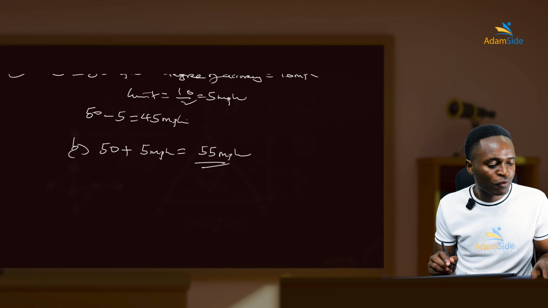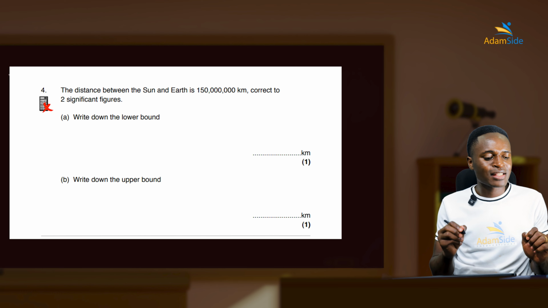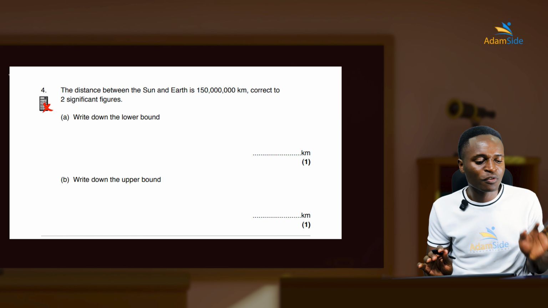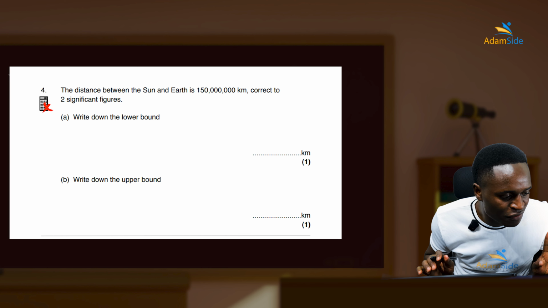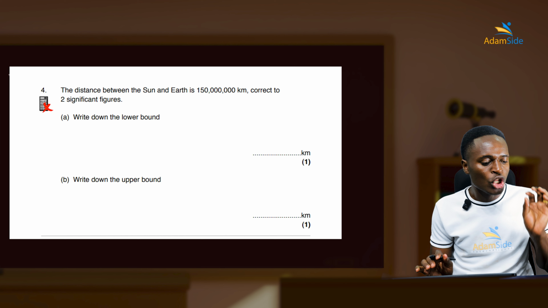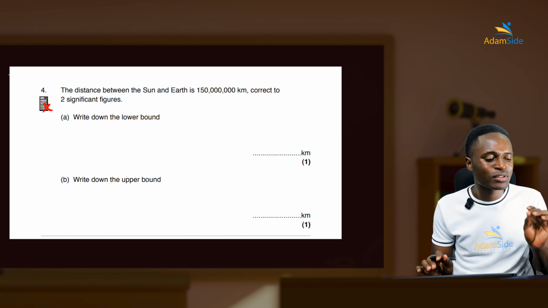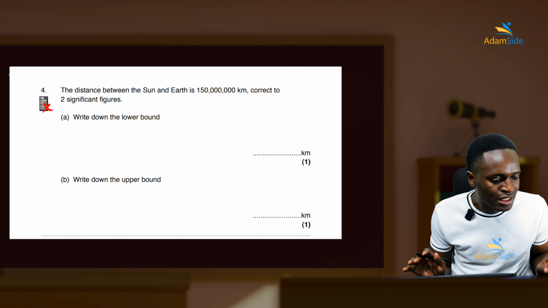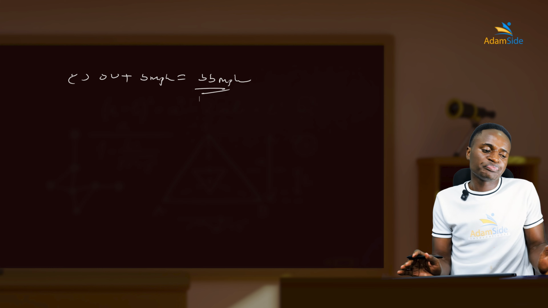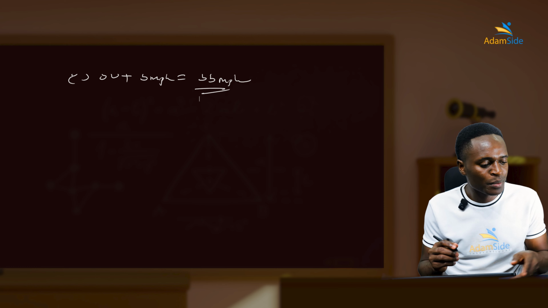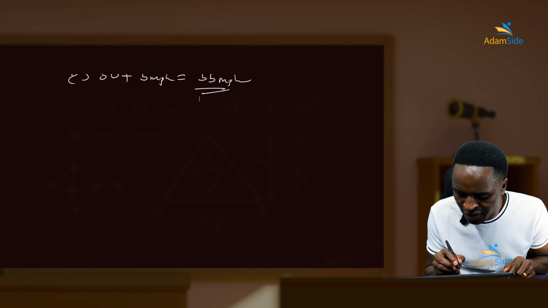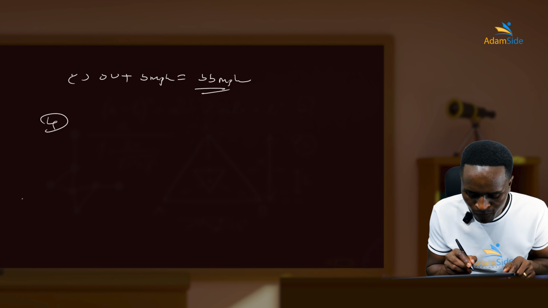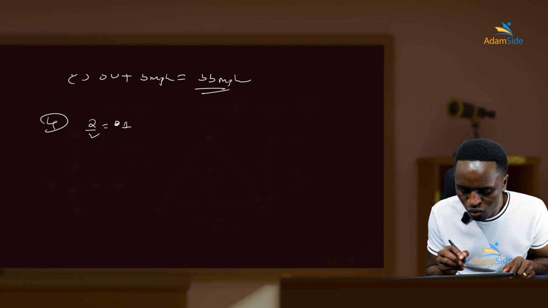Correct. Question number 4: the distance between the sun and earth is 150 million kilometers, correct to two significant figures. Write down the lower bound. Since it is correct to two significant figures, you take 2 divided by 2, which is 1.